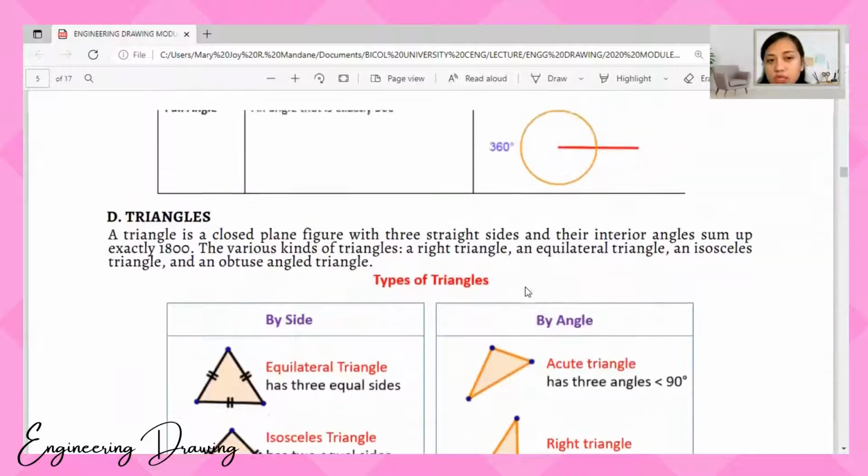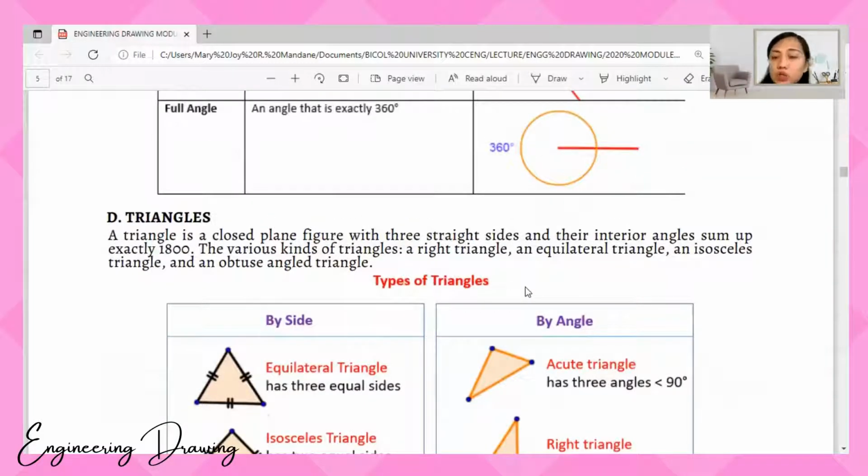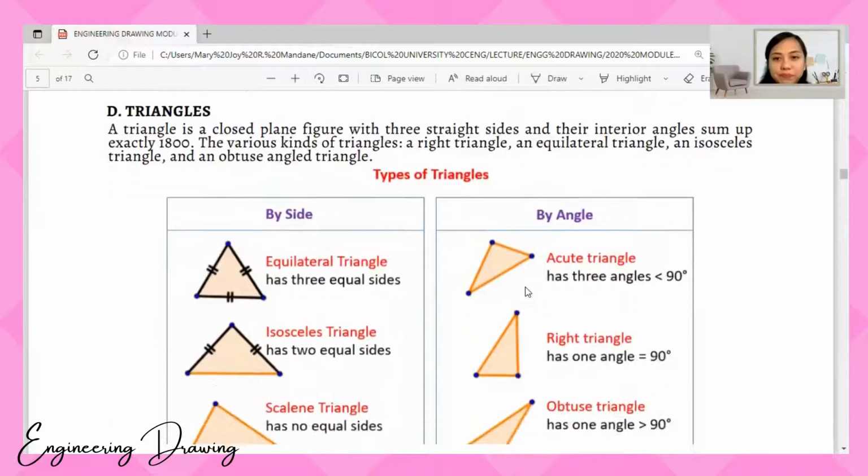And triangles. So a triangle is a closed plane figure with 3 straight sides, and its angles sum up exactly 180 degrees. The various kinds of triangles: the right triangle, equilateral triangle, isosceles triangle, and obtuse triangle.